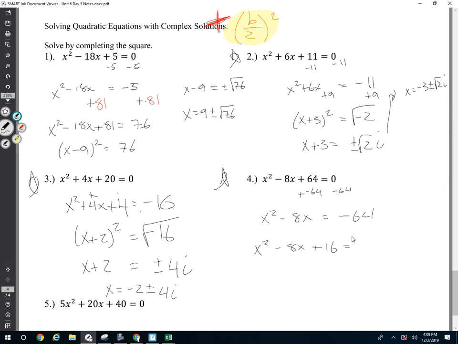Now, what is equal to this? x squared minus 8x plus 16. What two numbers add to get negative 8 and multiply to get 16? Negative 4 and negative 4. So that goes in x plus.